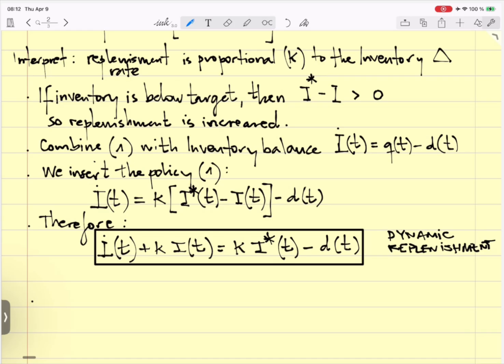This is the general dynamic replenishment equation. Now if there is no demand disturbances, then D of T equals 0.